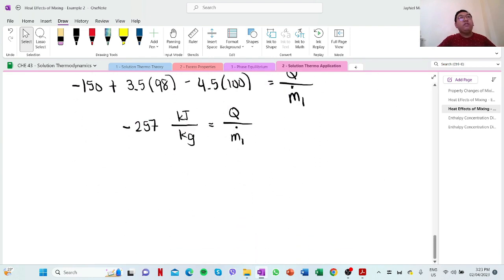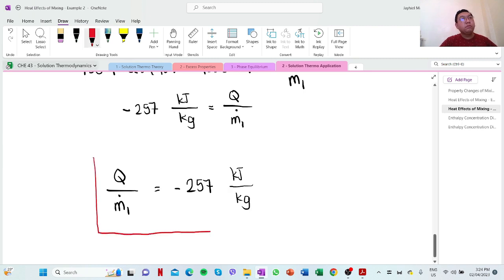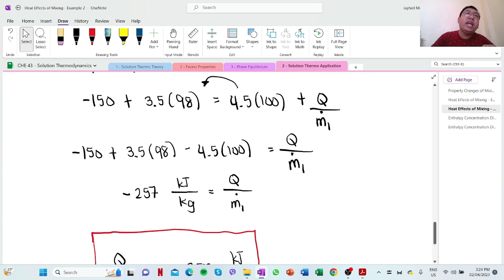So Q over M1 dot is equal to negative 257 kilojoules per kilogram. All right, so that's the answer for item B.